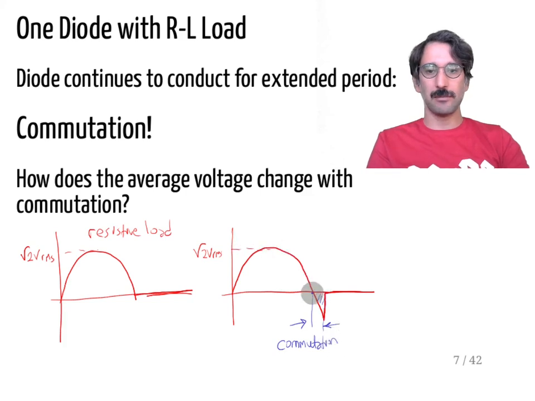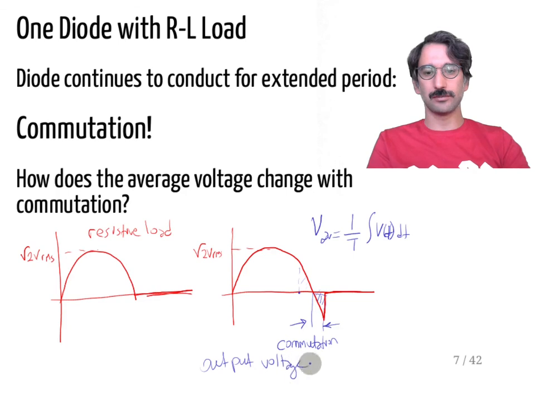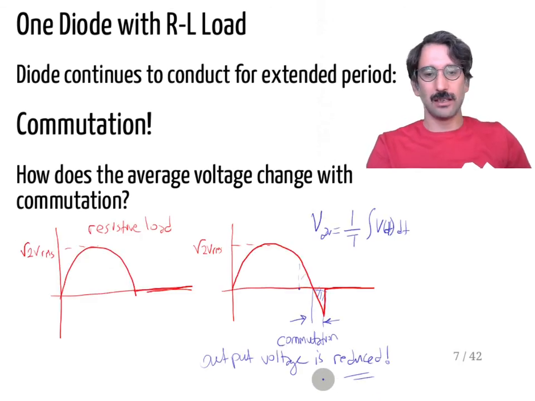And basically you can say again the average voltage is equal to 1 over T integral of V dt, and because of that commutation period, it will cancel some of that area. So as a result, your average output voltage is reduced. We will see more detailed calculations, but for now you can say commutation basically reduces our output voltage.